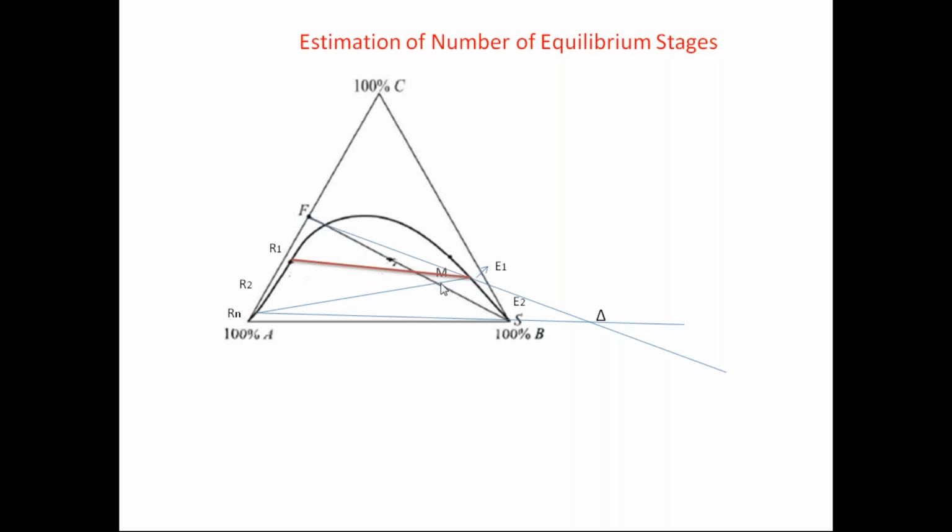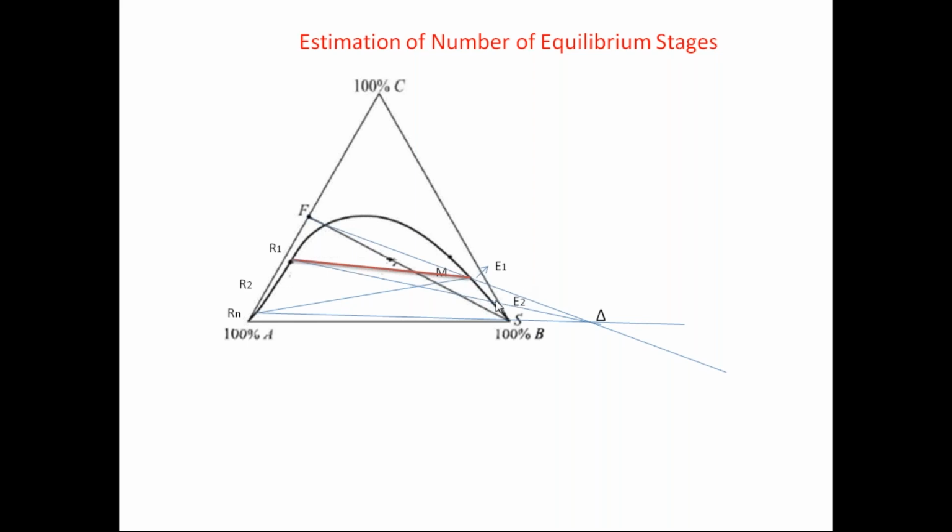This is the tie line which we have drawn. Then R1 minus E2 is equal to the delta. So when you add R1 and delta, on this binodal curve you will get the E2.